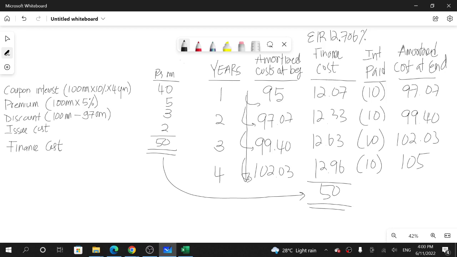Based on this outstanding balance only, these expenses will be recognized. When the outstanding balance is increasing, the finance cost is also increasing. Gradually, the interest expense will be recognized in the financial statements based on the proportion of the amount outstanding and also considering the time period. So that's why we call it a superior method.